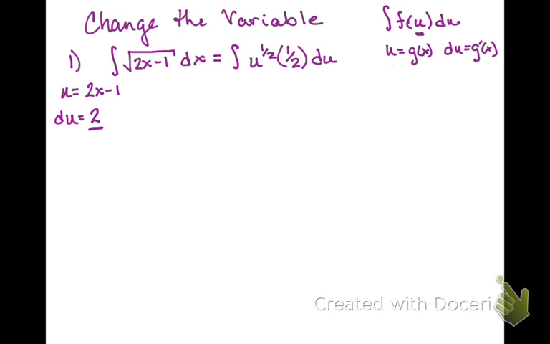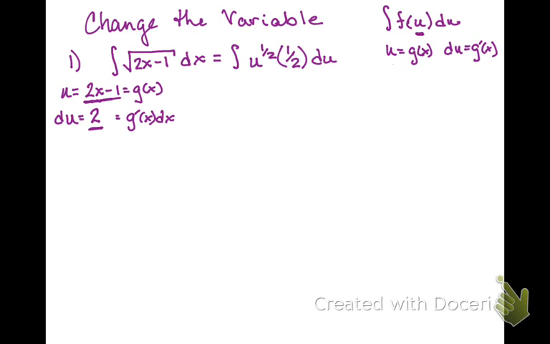U was the g, yes? U is g. This is g of x. And this is g prime of x, and dx also, because that dx means derivative. So I substituted; 1/2 was still f. It's still there, isn't it?